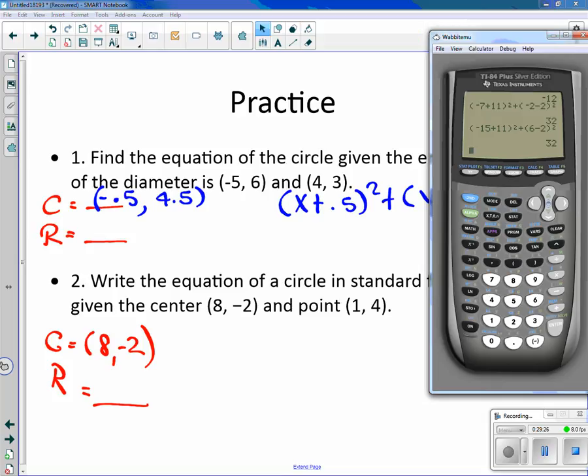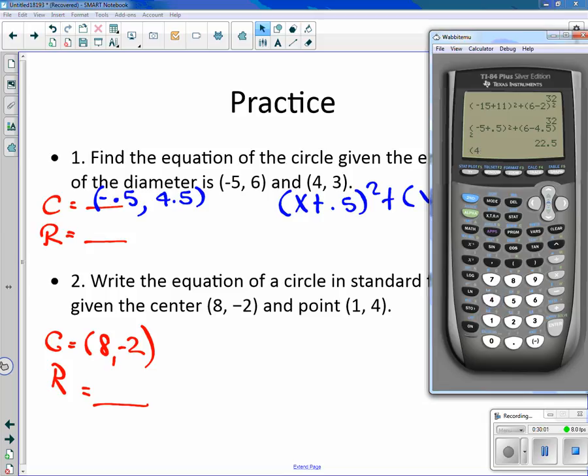From here, if you plug this in, you should have plugged in negative 5 plus 0.5 squared plus, what is that, 6 minus 4.5 squared. You should have gotten 22.5. The other one, it would have been the following.